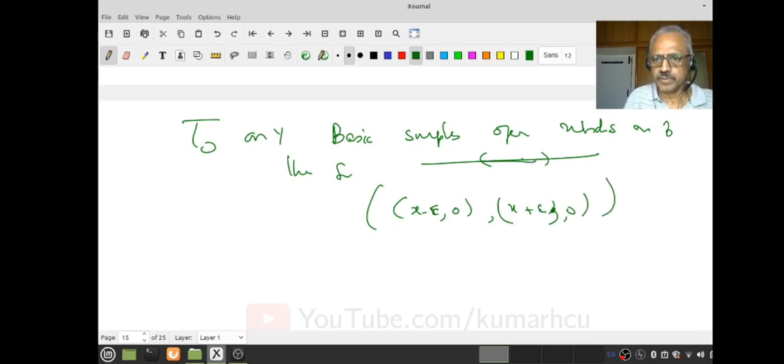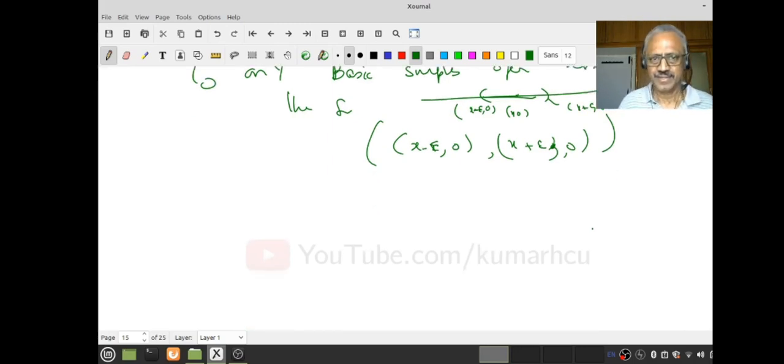This is the open interval. This is my (x, 0), this is (x minus epsilon, 0), this is (x plus epsilon, 0). Understand that? Therefore, in some sense, intuitively, the order topology on the x-axis is nothing other than the usual topology. Do you understand? It's intuition, right?